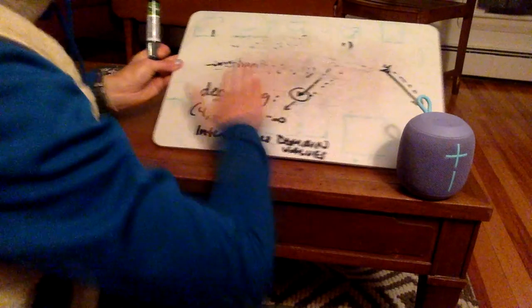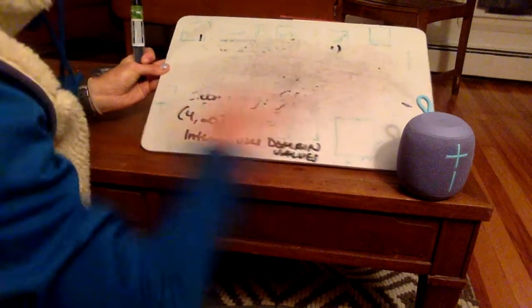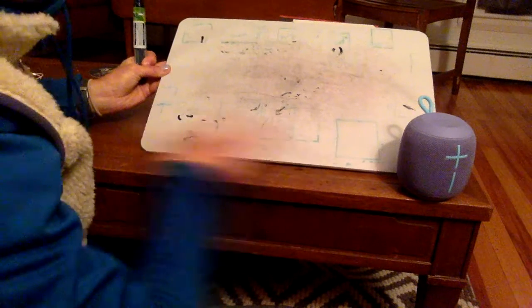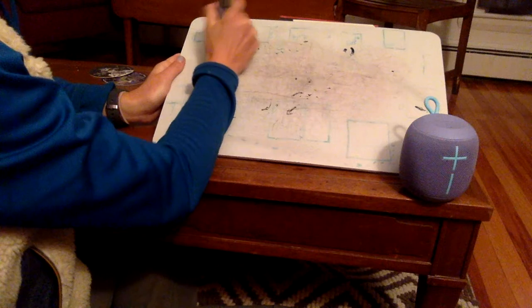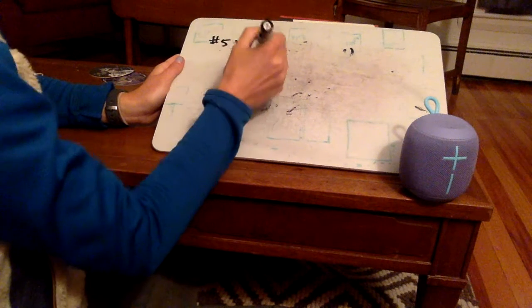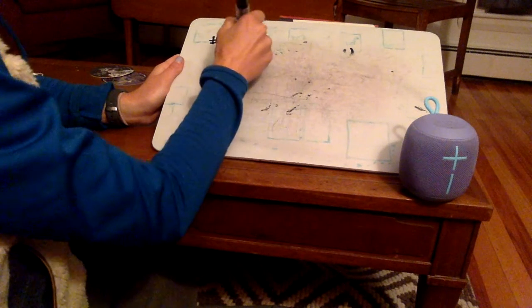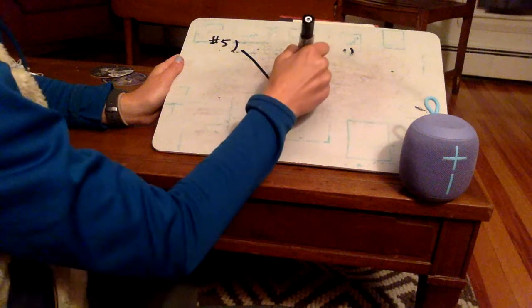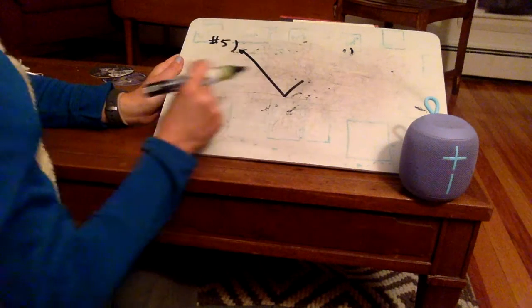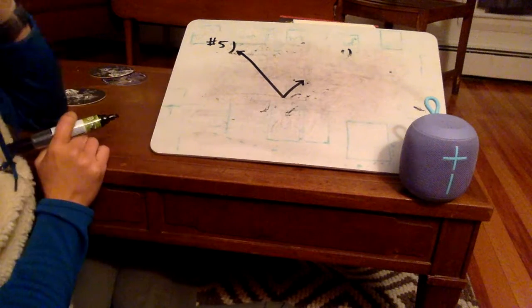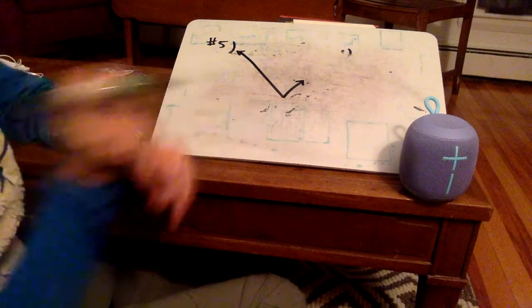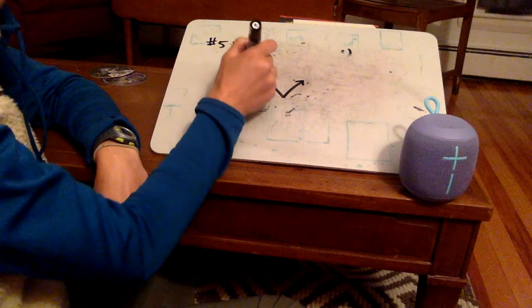So on number 5, I have a graph that looks kind of like that, and I have arrows on both ends. If I'm reading this left to right, I can automatically tell that the graph is decreasing here.